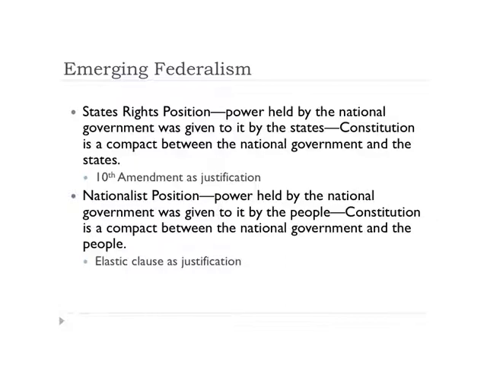One position is the states' rights position. People who believe this believe that the powers the national government holds are powers that it was granted by the states. They believe the Constitution is a compact between the national government and the states, and they'll use the 10th Amendment as justification for that.